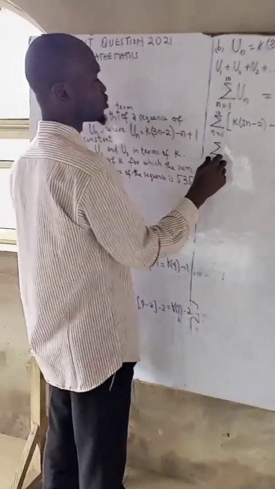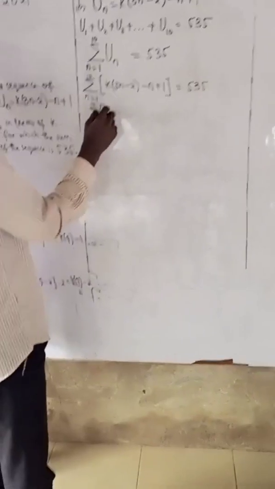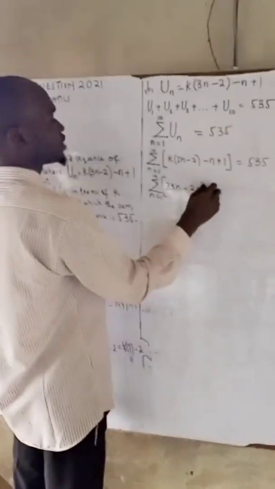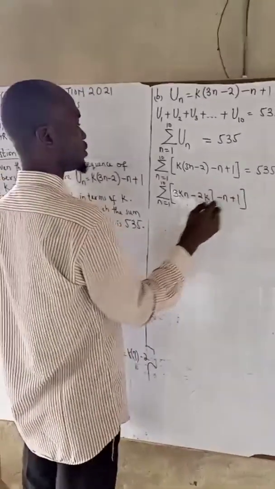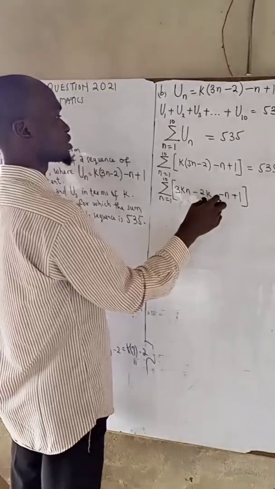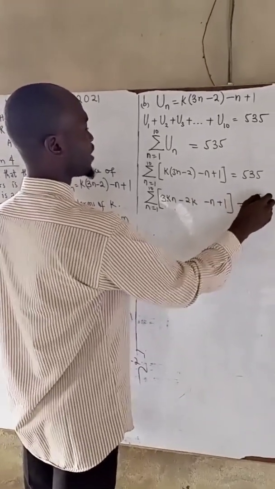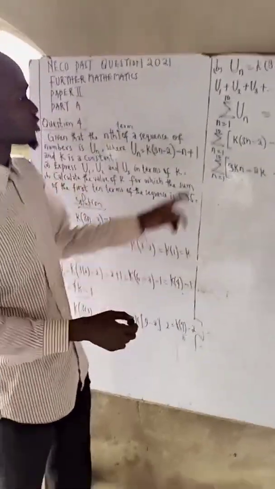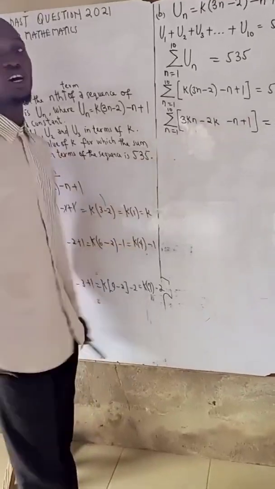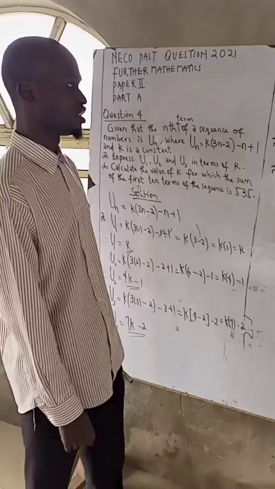Sigma from n equal to 1 up to 10 of k times 3n, that's 3kn minus 2k, minus (n + 1), equal to 535. So now the next thing is to distribute the sigma notation. So all in all we are going to have 4 terms generally.